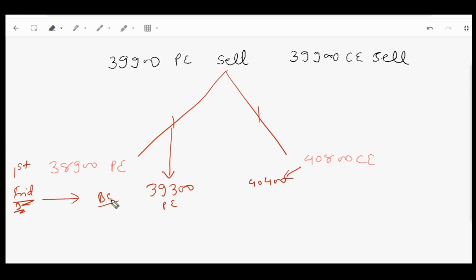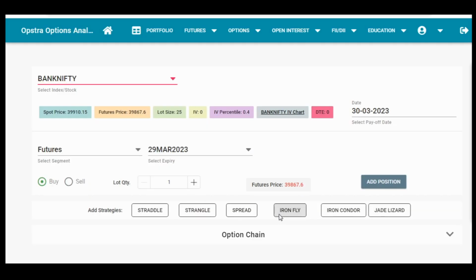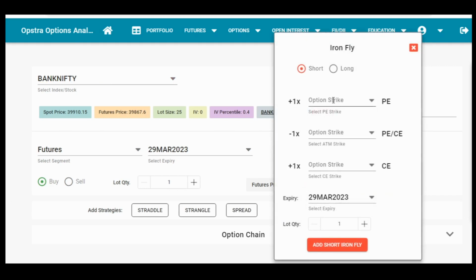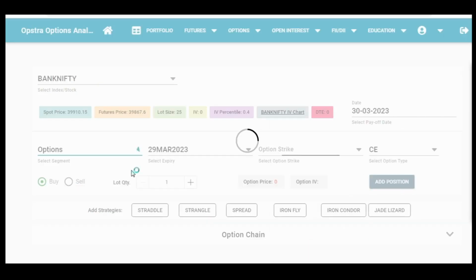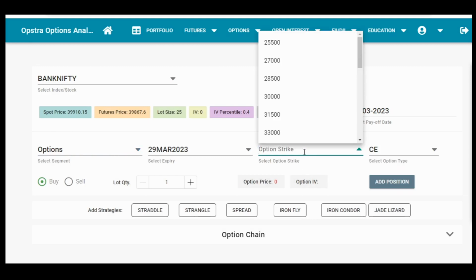So on Friday 3 p.m. we'll bring our hedges at break even. So this is our first adjustment as per this strategy, right? If you guys don't know what break even is and all that, let me put one sample for you guys.